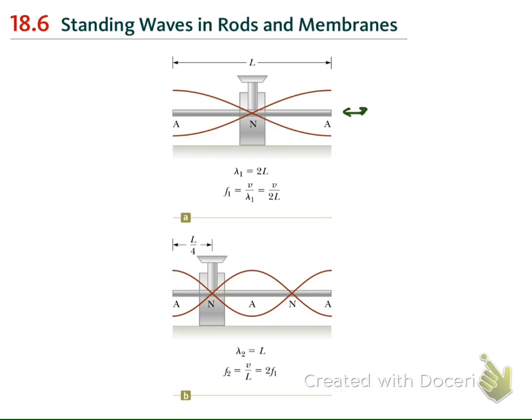In this figure, we clamp the rod at the distance L over 4 from the left end. So this is L over 4 and this is 3L over 4. In this situation, we have the standing wave with the wavelength equal to L, because this is one complete cycle of the wave. So lambda is equal to L, or the frequency is equal to v over L, which is 2 times the first situation.